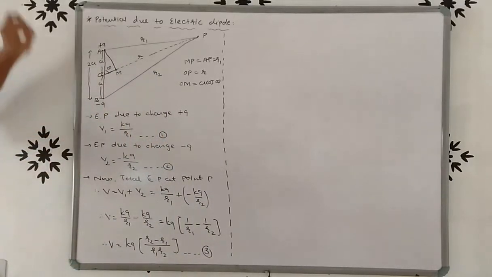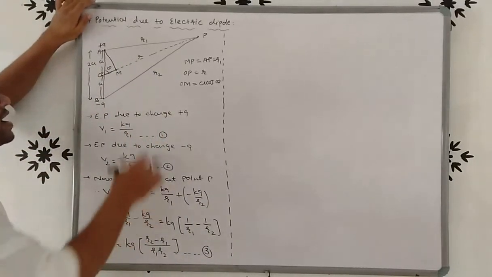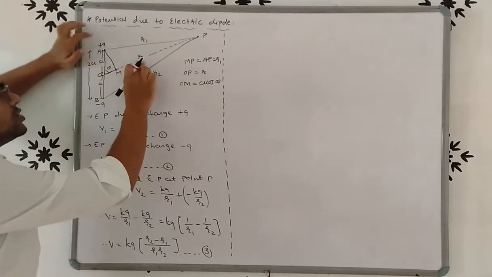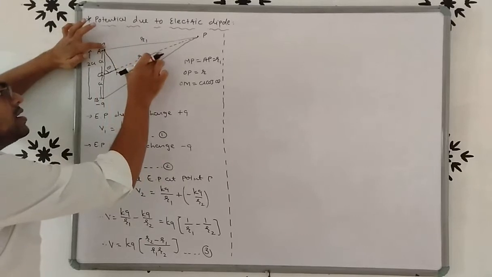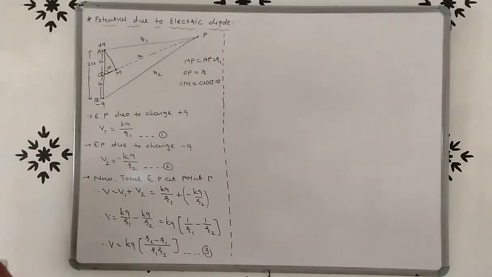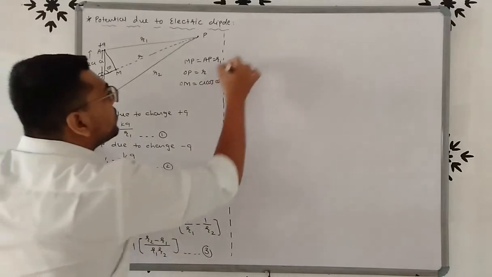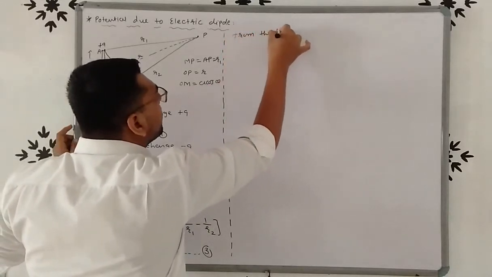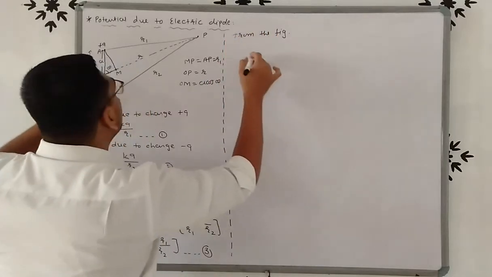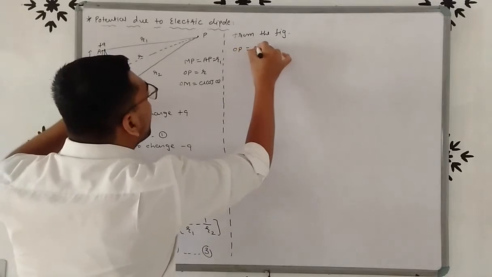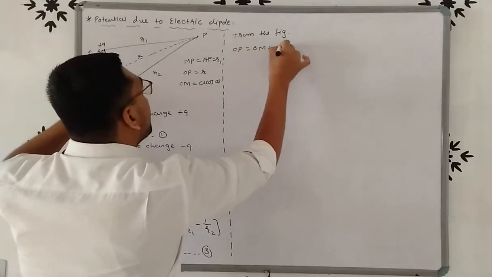So see here friends, we can write from the figure that R is equal to R1 plus OM, that is A cos theta. So from the figure, OP is equal to OM plus MP.